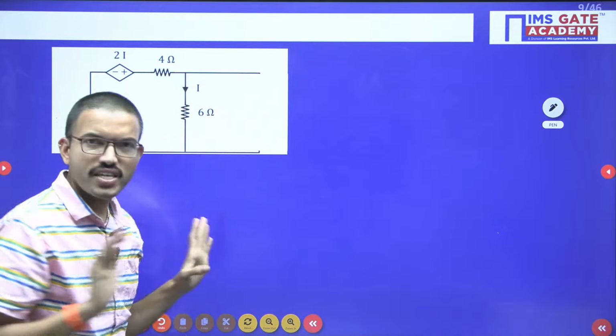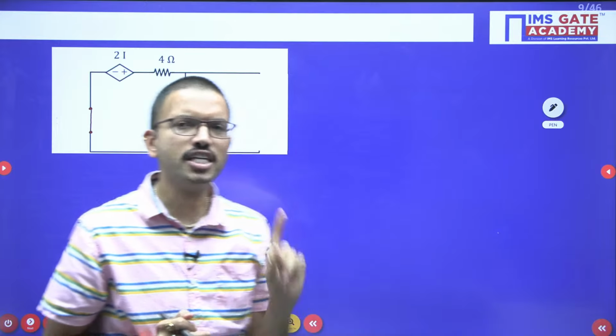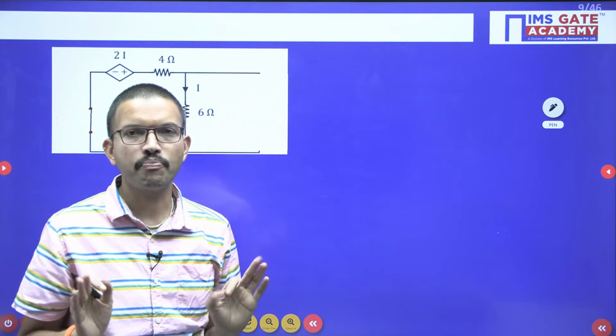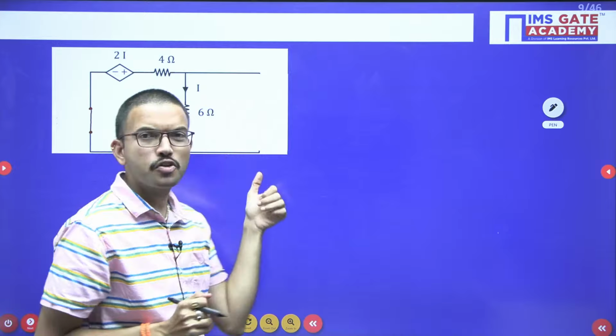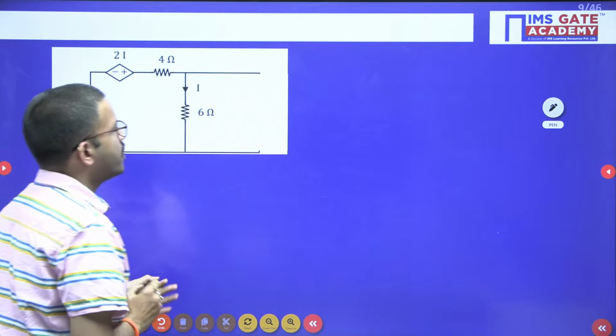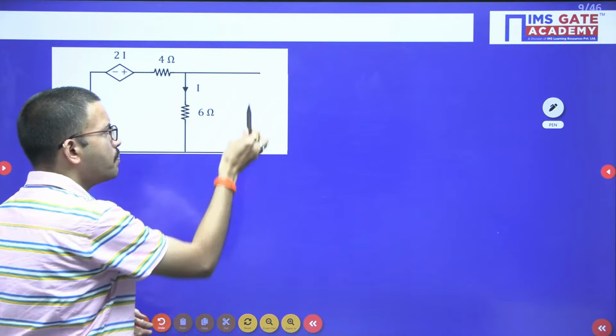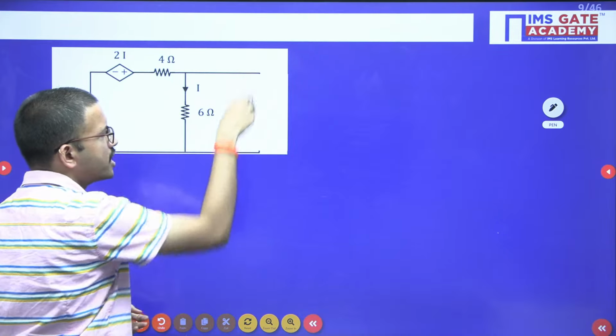Whichever you connect, the RTH value will remain the same. But to solve the question easily in less time in the GATE exam, say you connect a 1 ampere current source in this particular branch.